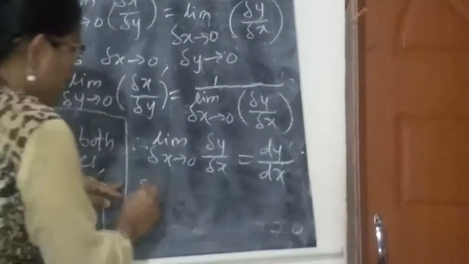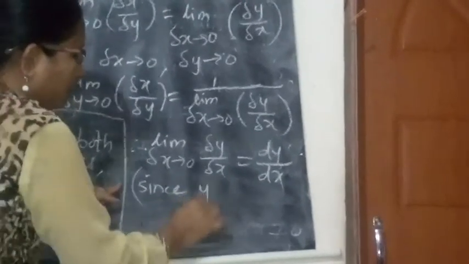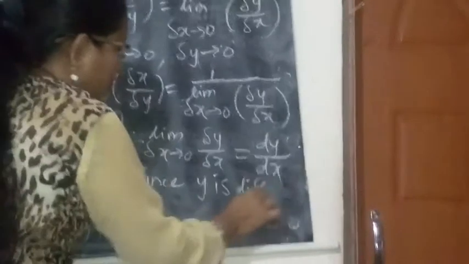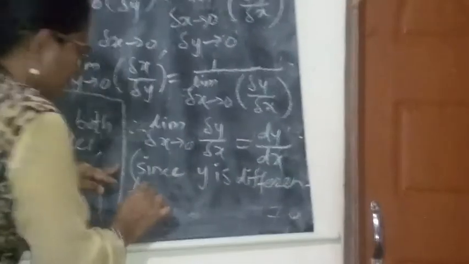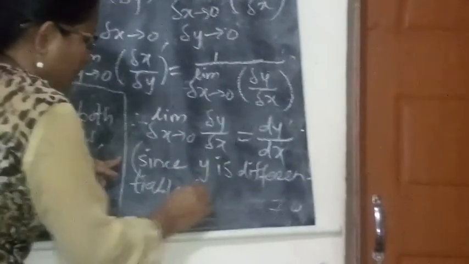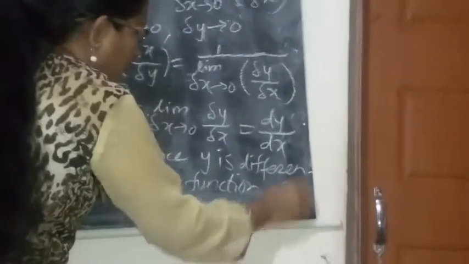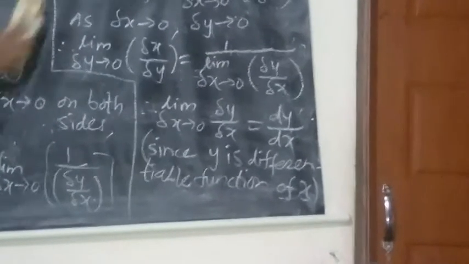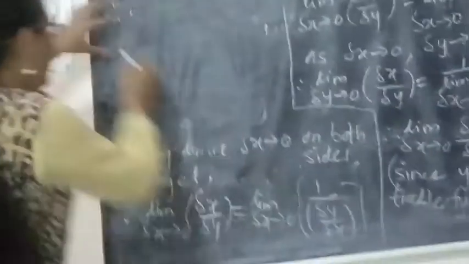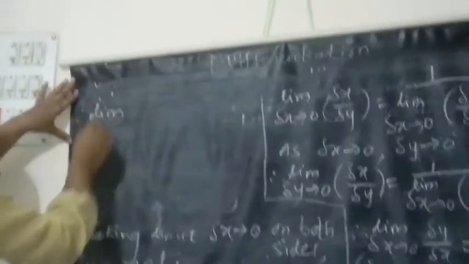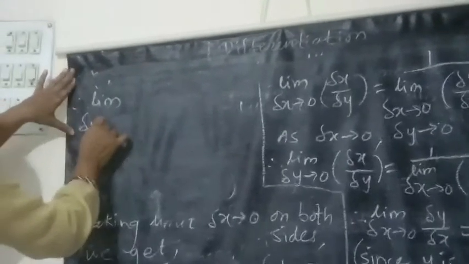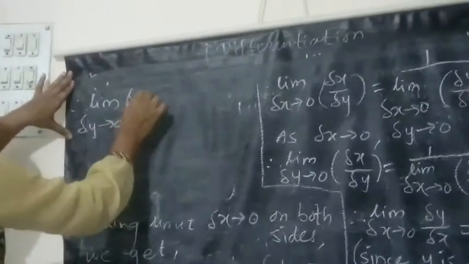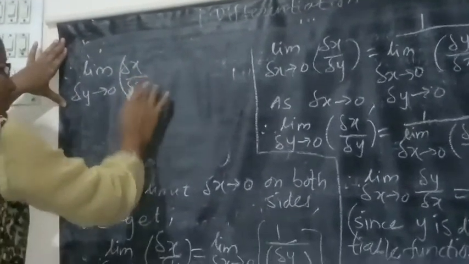Since y is a differentiable function of x, therefore here we can write limit delta y tends to 0, delta x upon delta y.